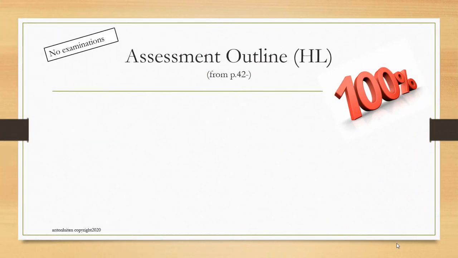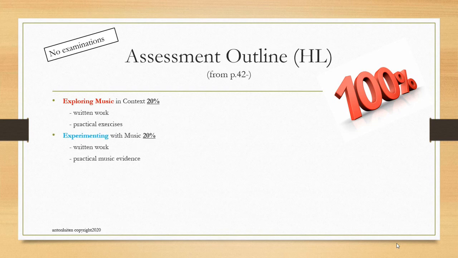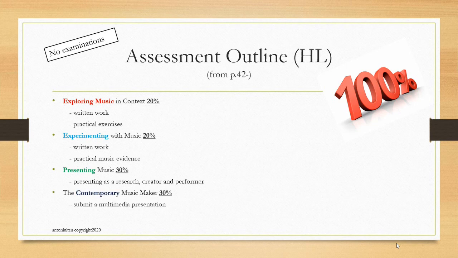For high-level students, these musical processes are similarly assessed, but as 20%, 20%, and 30% respectively, to make way for the contemporary music maker, which is also 30%. This is unique to the higher-level program.